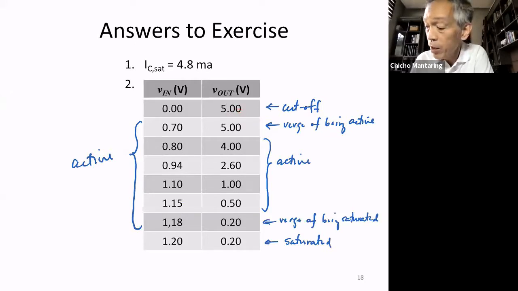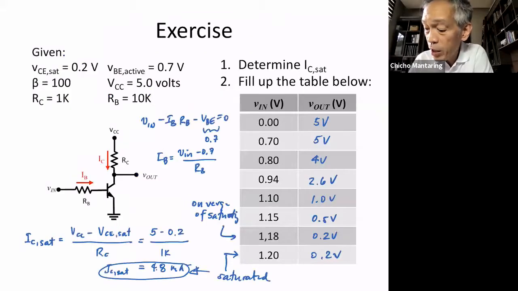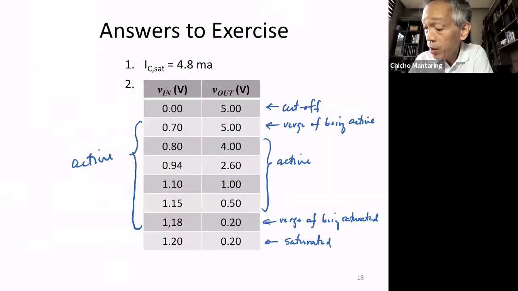Your transistor will only start getting out of cutoff, going into active mode, when your input voltage becomes 0.7, because that's the only time for this particular circuit that you forward bias the base-emitter diode and get a base current flowing. So here, I wrote it is on the verge of becoming active, but your output is still equal to 5 volts.